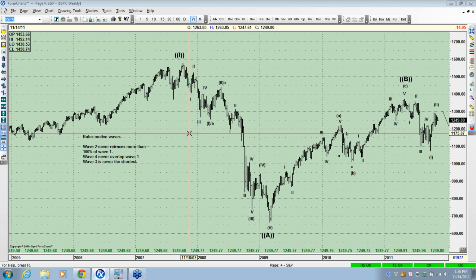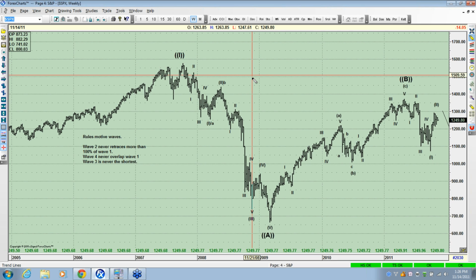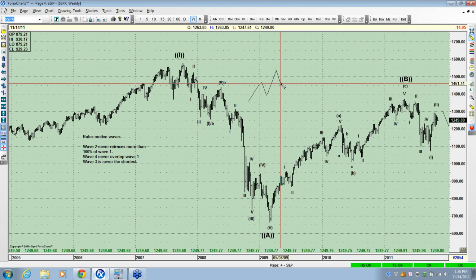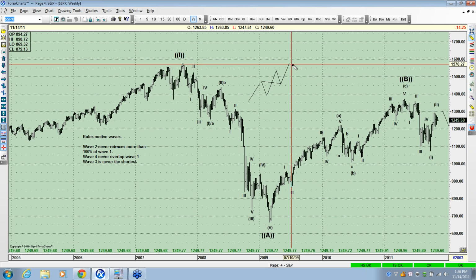Because of that, wave one in Elliott Wave can take the form of a leading diagonal, when wave 4 can create overlap with wave 1 and still become a modus wave.